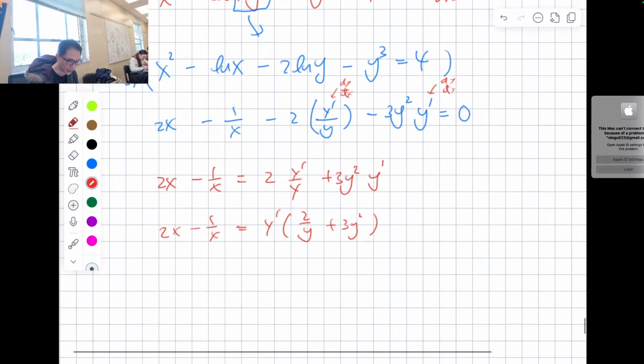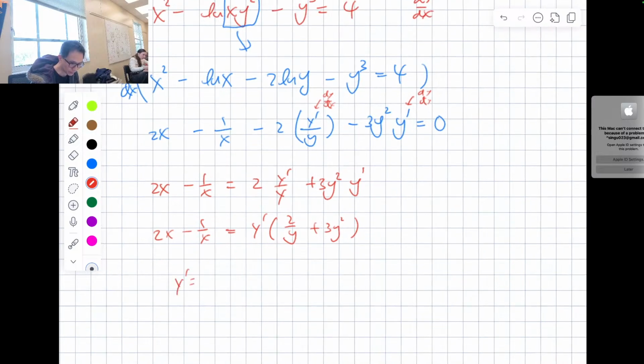I'll move it to the other side. Is that okay? Now, how do I make this not a complex fraction, not a fraction over a fraction? You pay attention to what's on the denominator. This is x, this is y. So I can multiply by xy, top and bottom.